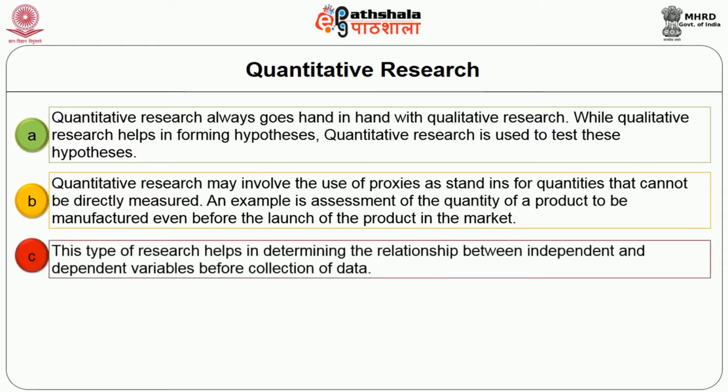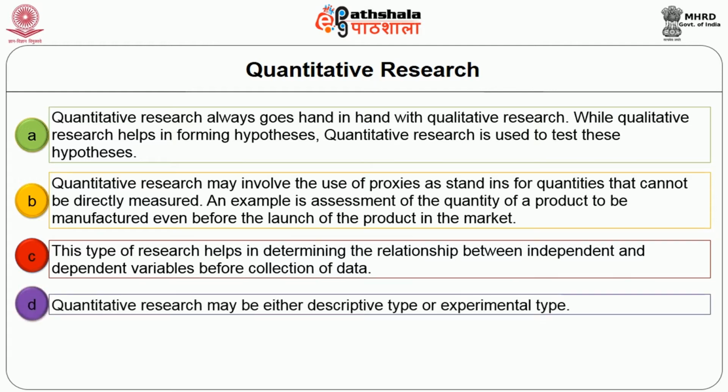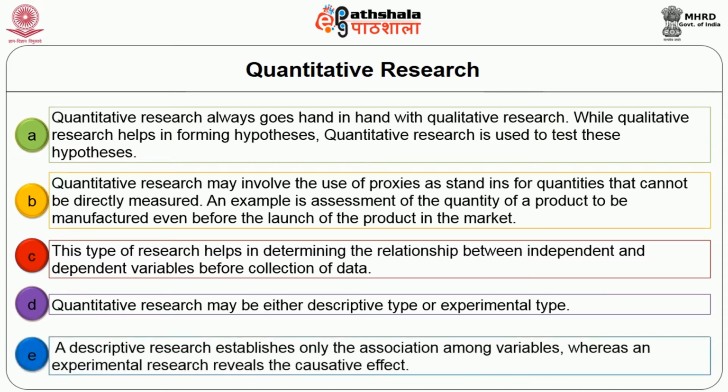This type of research helps in determining the relationship between independent and dependent variables before collection of data. Quantitative research may be either descriptive type or experimental type. A descriptive research establishes only the association among variables, whereas an experimental research reveals the causative effect.